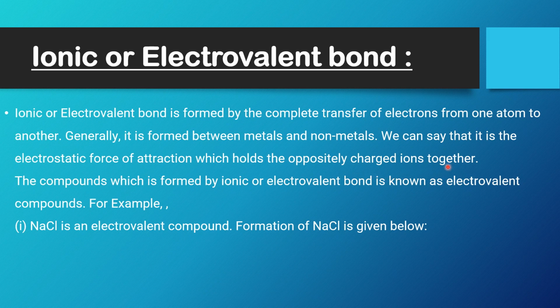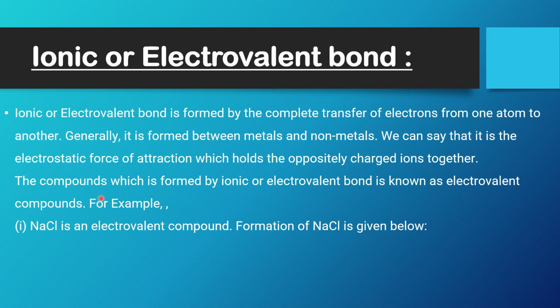There will be an electrostatic force of attraction between the metal A atom and the non-metal B atom. Then only the ionic or electrovalent bond is formed, which holds the oppositely charged ions together.